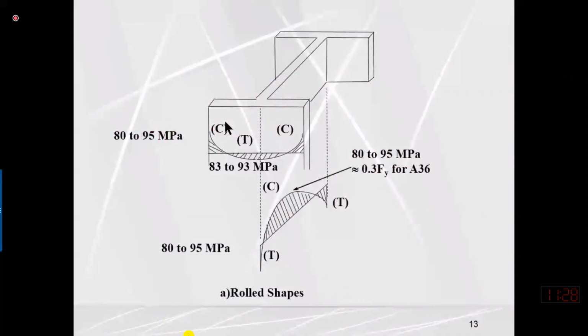The first case is due to uneven heating and cooling. You already know how hot rolled sections are made. We have molten steel, we pour it into the steel mold, and after removing it from the mold, we leave it for cooling.